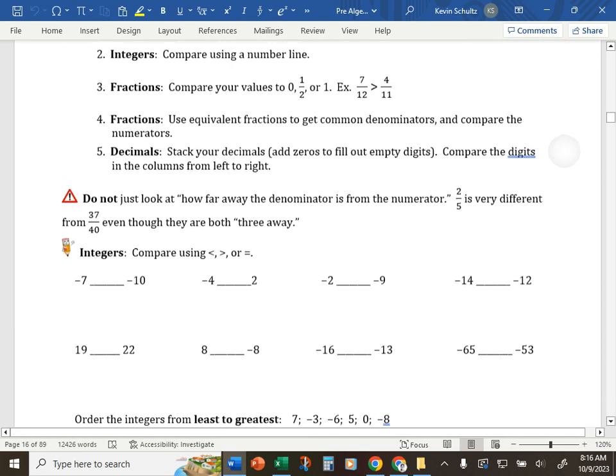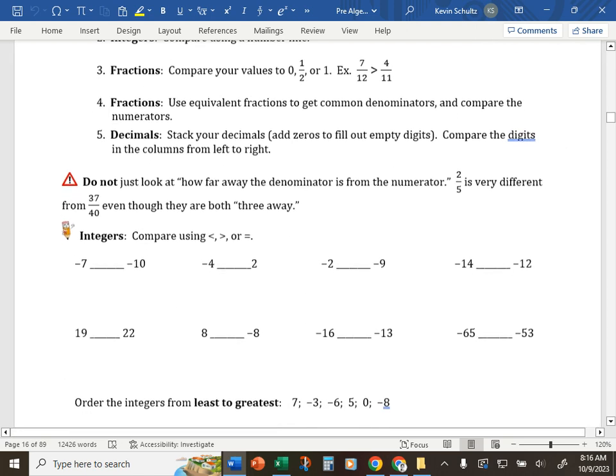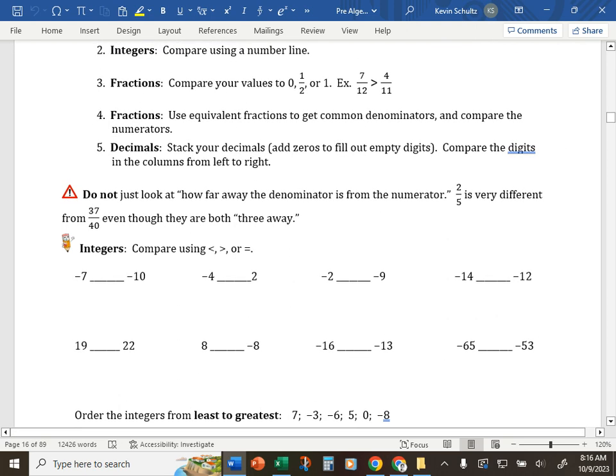Integers, you can compare them using a number line. If you picture a number line in your head, the further to the right on the number line, the greater the value is, right? Likewise, the further to the left on the number line, the lesser or the smaller the value is. So if you think about -7 and -10, if you want to plot this, just put 0 wherever you want, and then where would -7 be? -7 would be to the left of it.